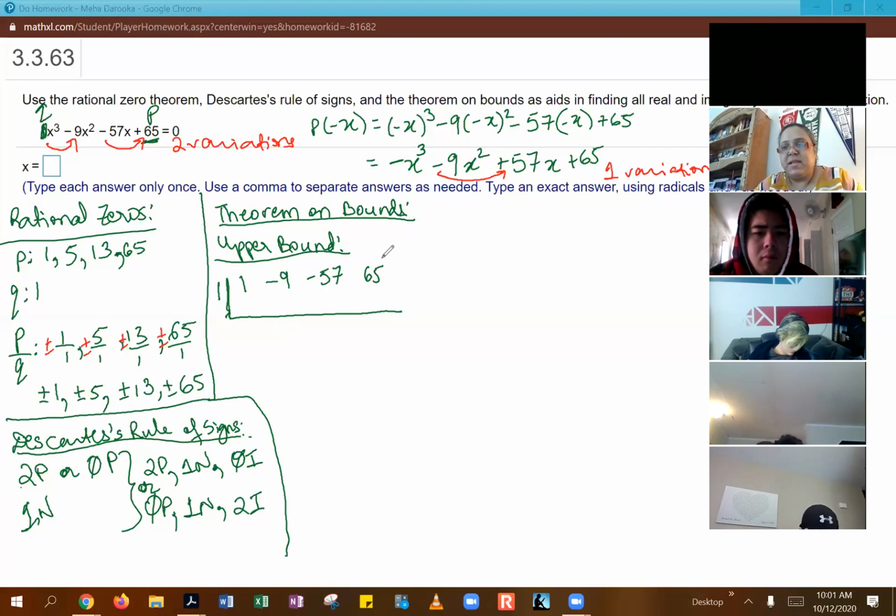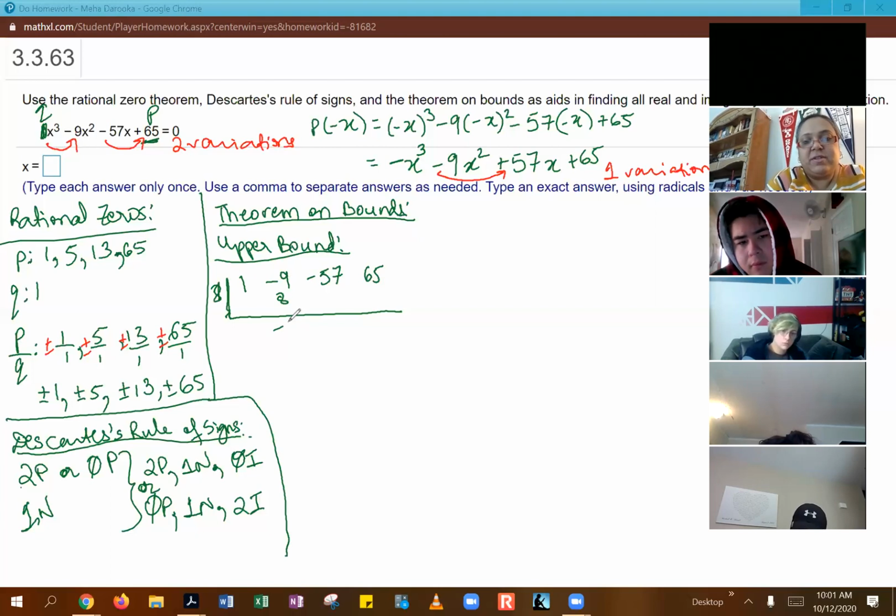So what are you noticing here as you're trying to find that upper bound? We can pretty much just skip to 9 as a starting point because of the negative 9 being after the 1. Yeah, very nice, because anything which is going to be 1 through 8, even if you did 8 over here, you're going to get negative 1. But if you change this to a 9, you are going to get 9 and then 0 over here.